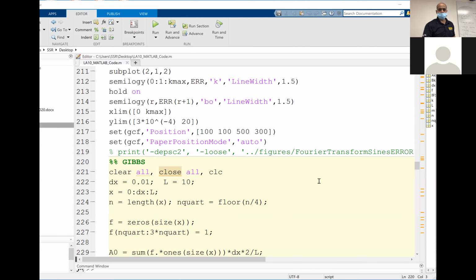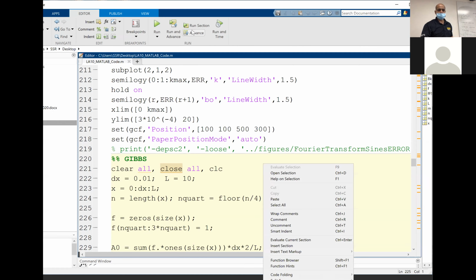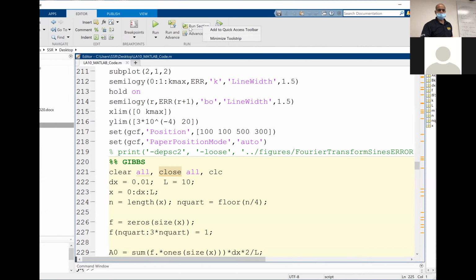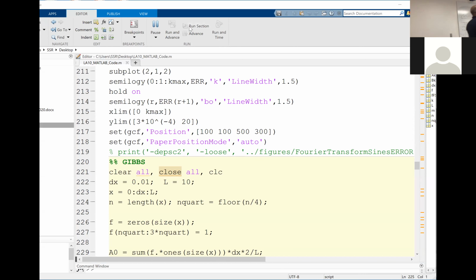Once you run this code in your figure 2, you would see this movie wherein you will see the reconstruction. All these Fourier series keep on getting added, but still they are not able to cancel out the oscillation when there is sudden change.